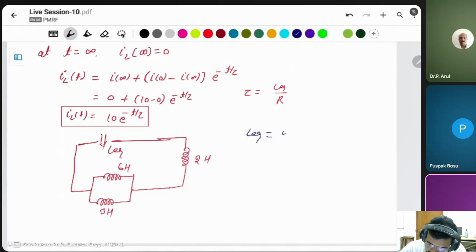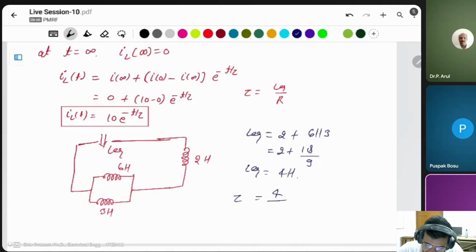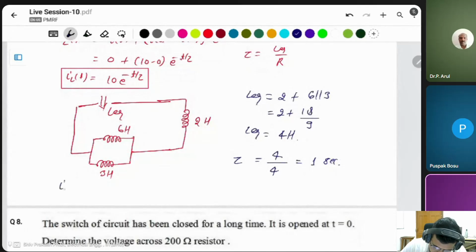L equivalent is 2 Henry plus this combination, 6 parallel with 3, which is 2 plus 18 divided by 9. This will be L equivalent equal to 4 Henry. What is tau? L equivalent 4 divided by the resistor, which is 4 ohm only. Tau is 1 second. It means IL is equal to 10 e to the power of minus t.